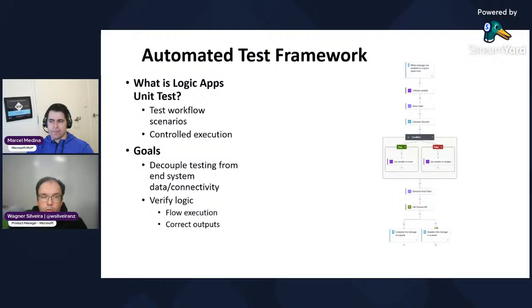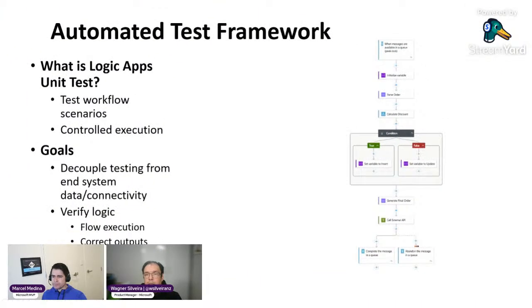So for me to have control of that, I should be able to create a mock for this, so I can initiate it at any time that I want, and I know exactly what data is coming from that, so I can continue my process. The same thing with that calculate discount in this example, right? For me to be able to know exactly what the condition is that is going to happen here, I need to be able to get those values.